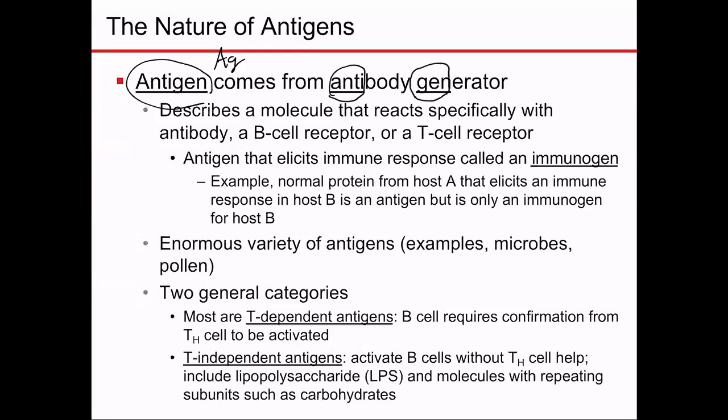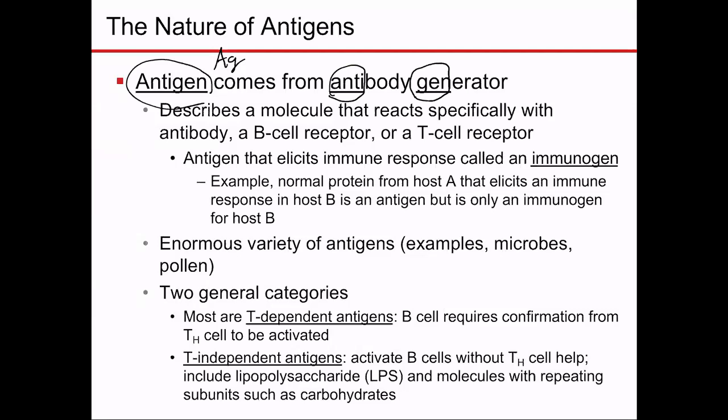It was called like that at the very beginning because, years ago, we first thought that antibodies were the only components that were able to interact with these antigens. But now we know that there is a cellular component, cellular immunity, that also can be activated by different antigens.